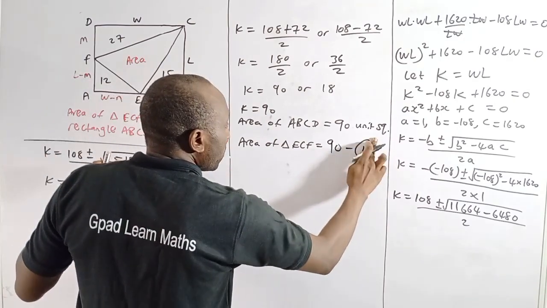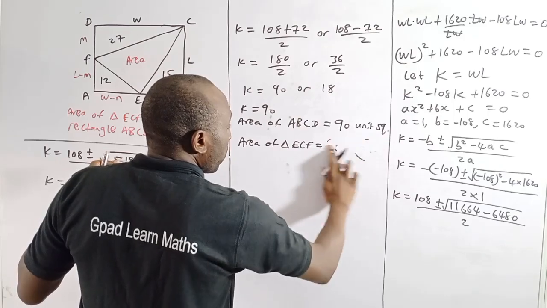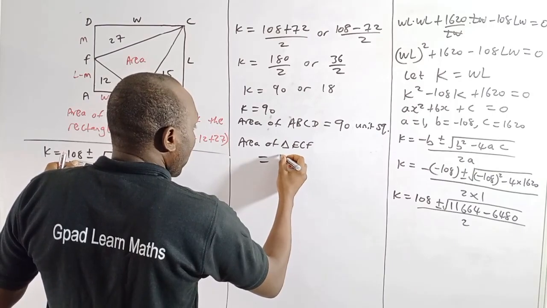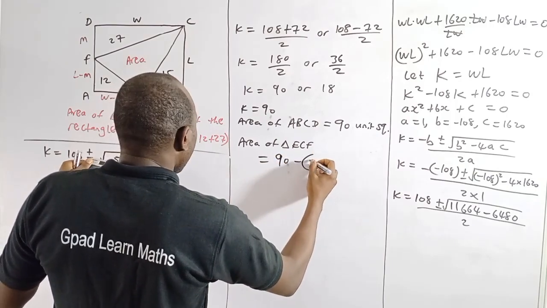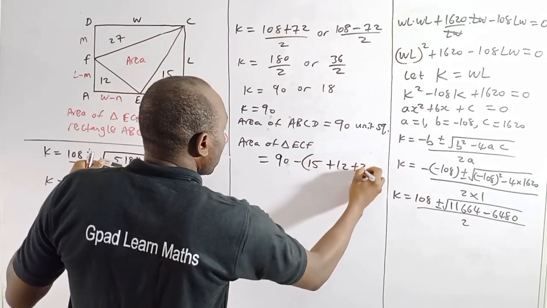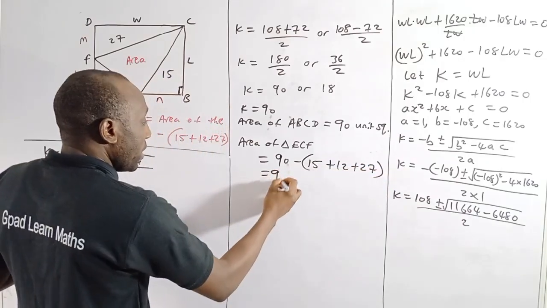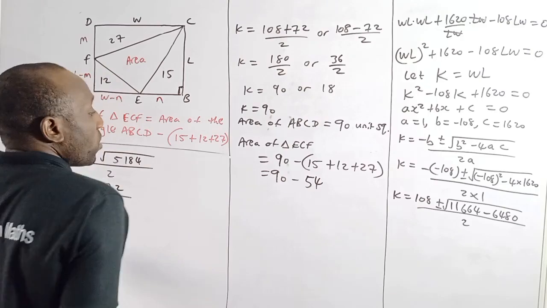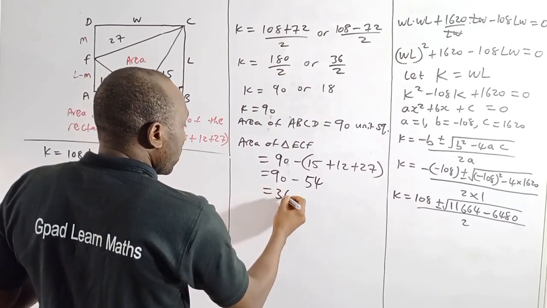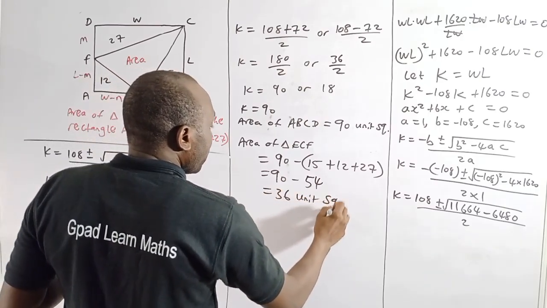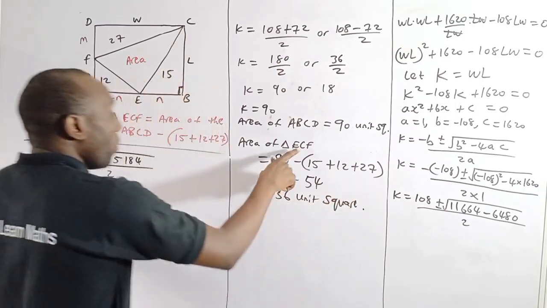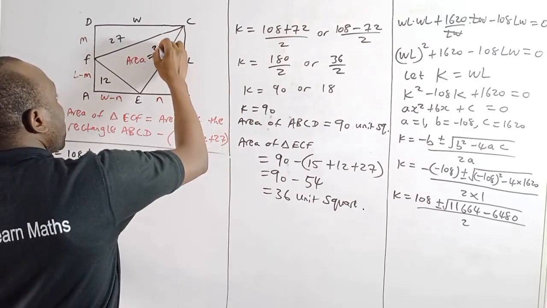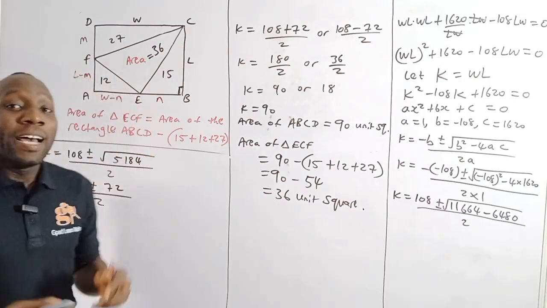So 15, let me just write it under here. 15 or 90 minus 15, 12, and 27. So this is 90 minus 54. And what is 90 minus 54? That's 36 unit square. So the area of this triangle is what? 36 units square.